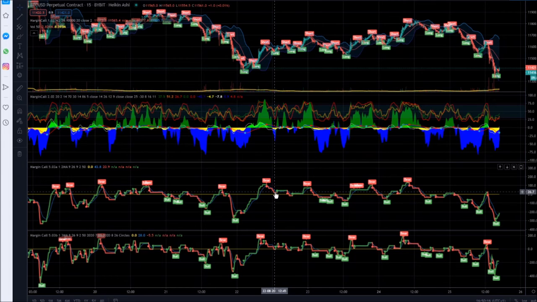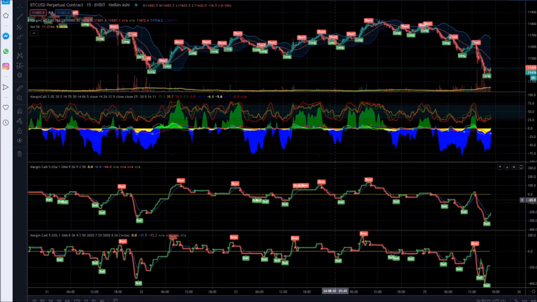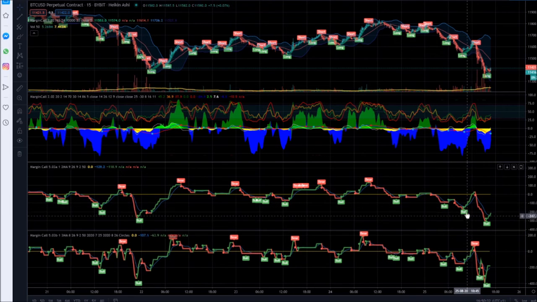Okay, so at the moment, what I would say, swing trade it. By all means, set the settings, set the alerts, the webhooks, whatever you need to do to go to your bots. But if the market line is above the blue, you're going up.